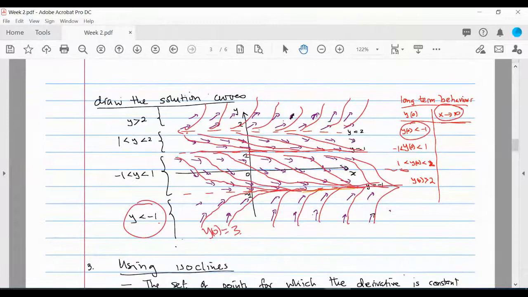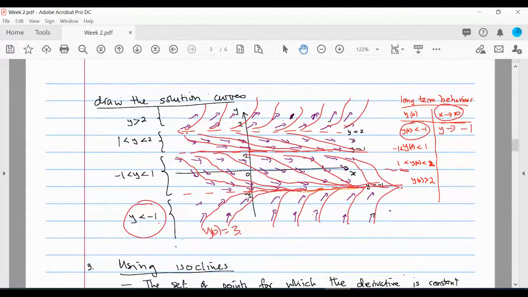If you look at the solutions that start in that region, as x approaches infinity, where do they go? You can see the red solutions, they always end up on the null line, y equals -1. So y will definitely approach -1 as x goes to infinity. You just see these solutions are just ending at that point.